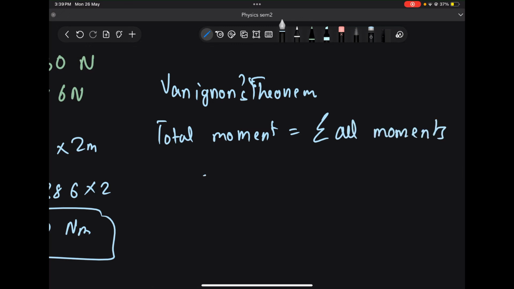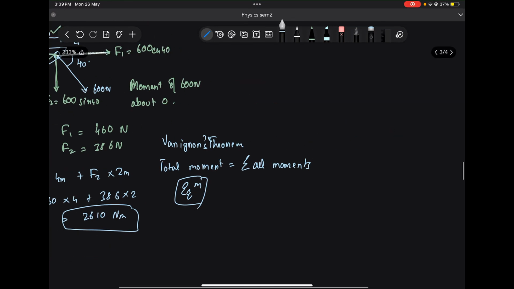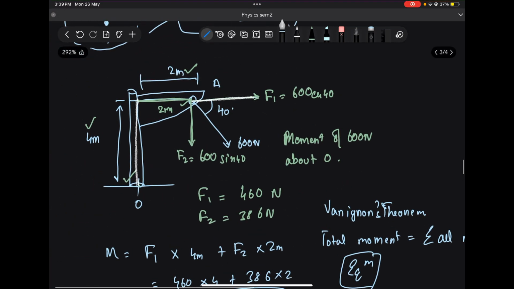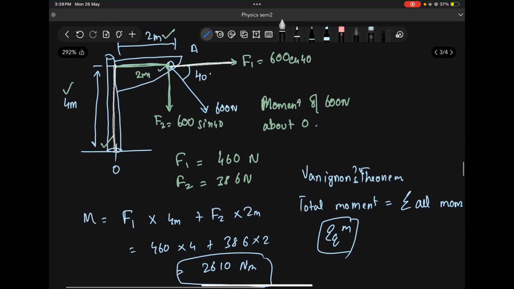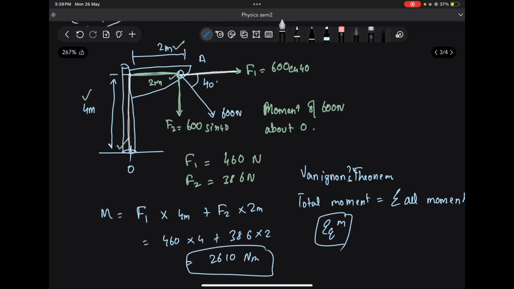This will also be useful for solving equilibrium problems. Basically, what we did here is break the force into its components, treat each of the components as a different force, and do an algebraic sum of the moments of those components, and hence we got the net moment, which was correct.